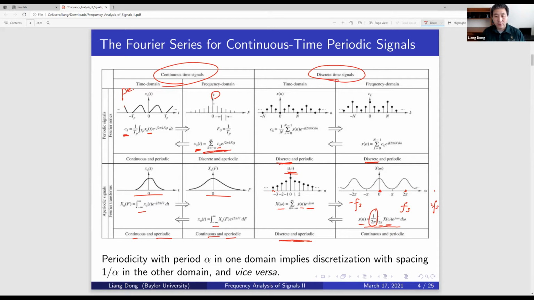Therefore, for the discrete time signal in the time domain, I also want it to be discretized in the frequency domain. Then it requires me to treat the signal in both domains as a periodic signal. Let me say it again: I want to have discretization in both domains, so it translates to the signal having to be periodic in the other domain.